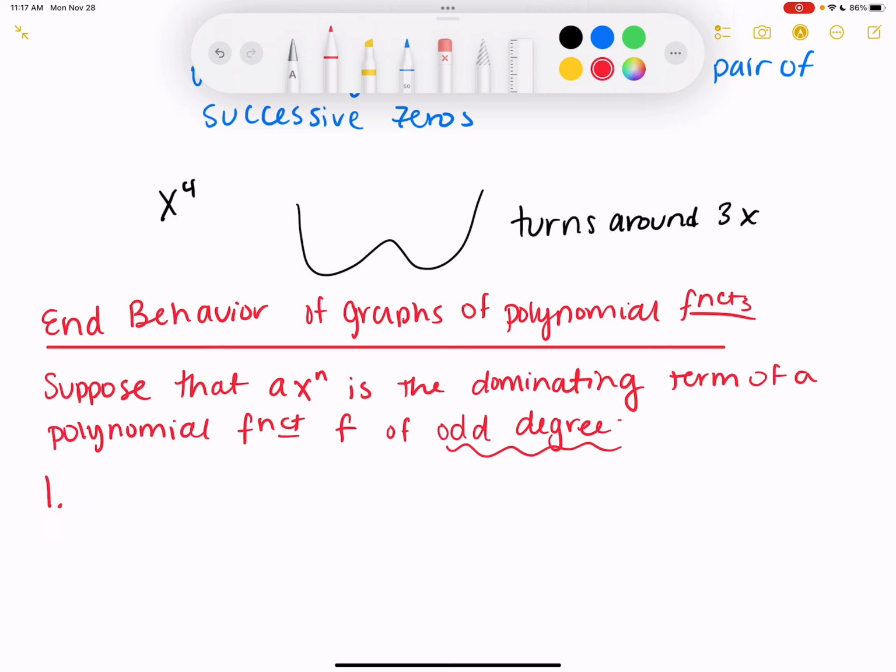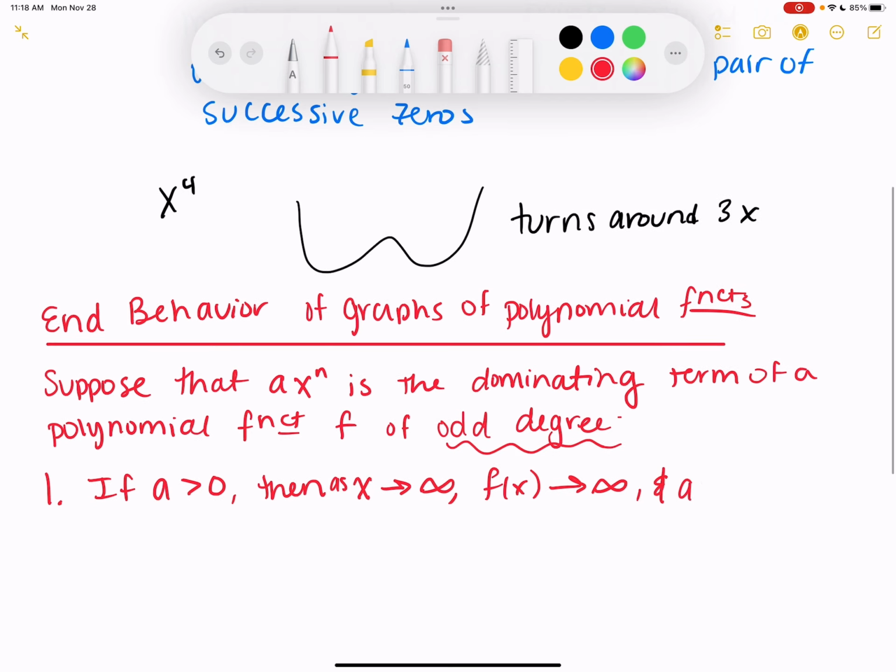power. Then we have if a is greater than 0, then as x goes to infinity, f of x also goes to infinity. And as x goes to negative infinity, f of x goes to negative infinity.